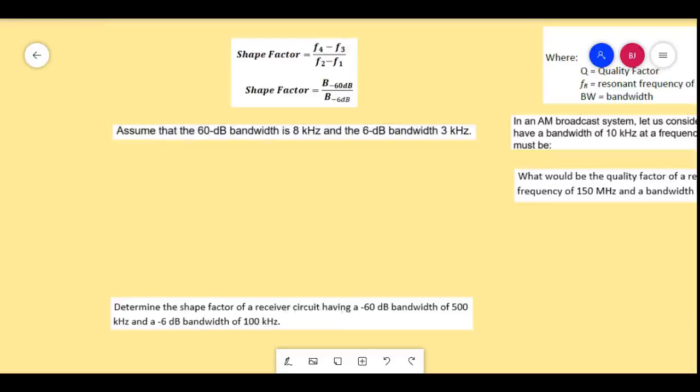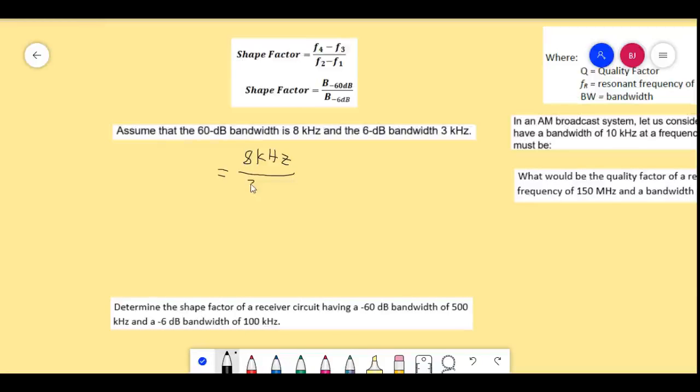So, as mentioned, our shape factor would just be equal to the negative 60 dB bandwidth, which is 8 kilohertz, divided by the negative 6 dB bandwidth of 3 kilohertz.